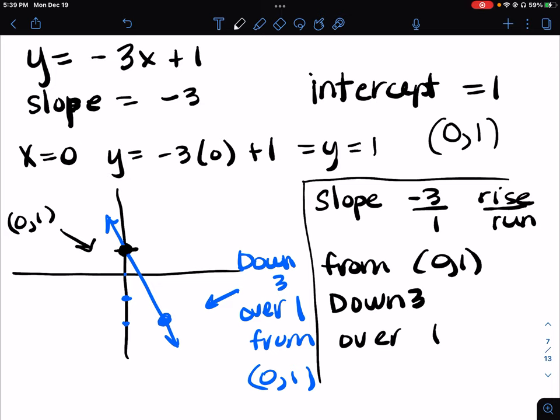Our slope is negative 3, which is negative 3 over an understood 1. So my rise is negative 3 and the run is 1. So you always start at your first point. We're going to go down 1, go down 2, go down 3, and go over 1.